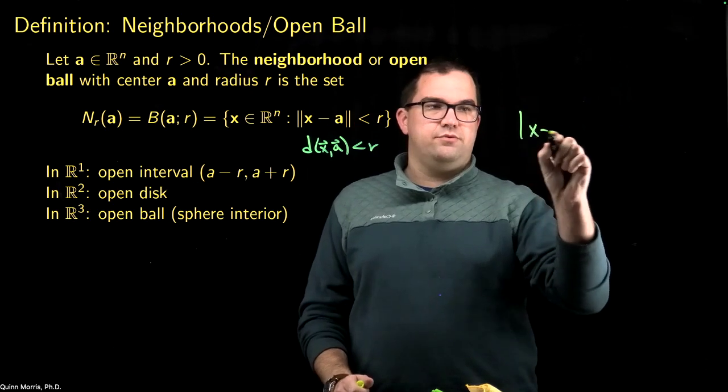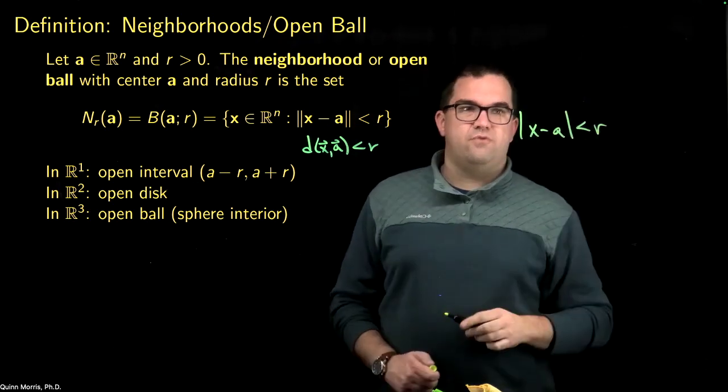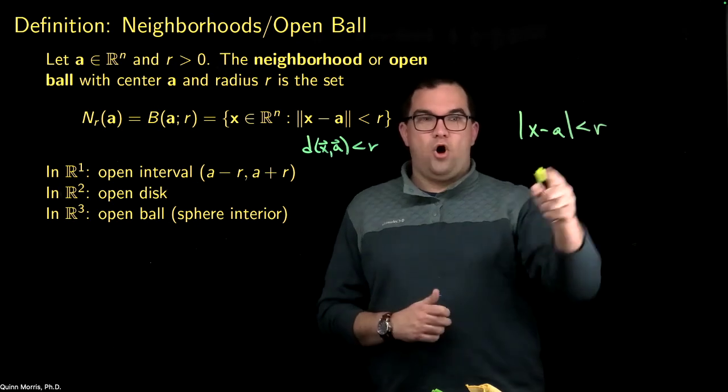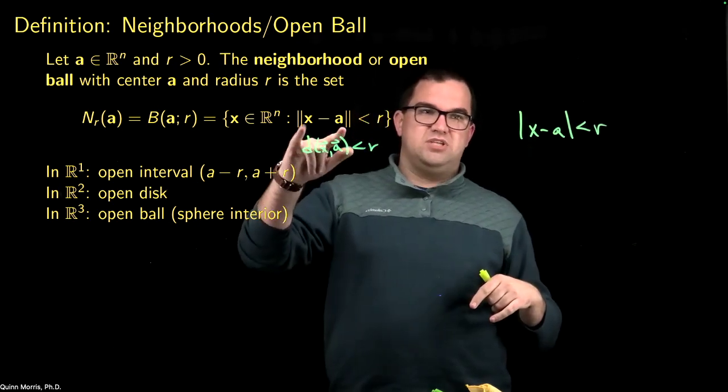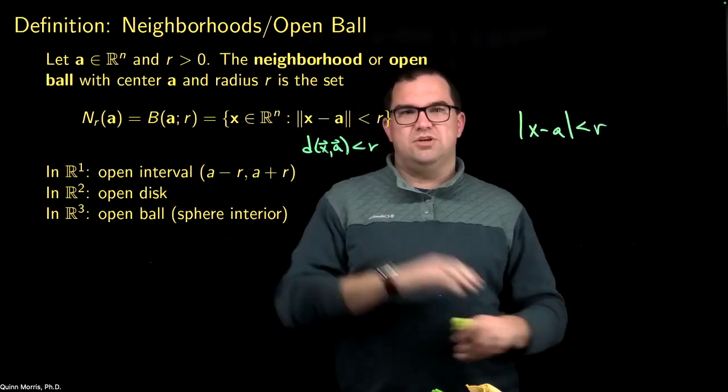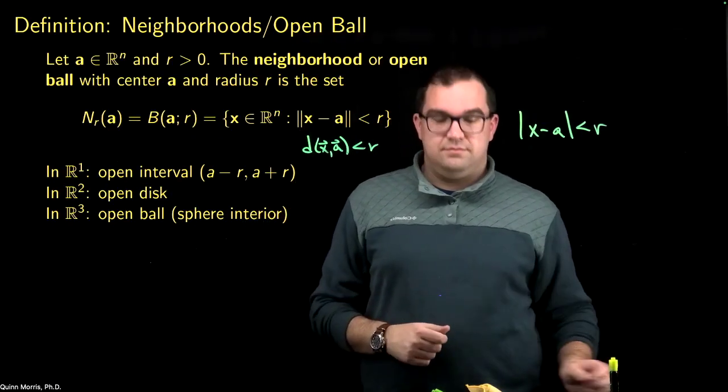We just wrote this for the distance, because in R, this is the distance. Here we just have a slightly different kind of distance, but it's still the Euclidean distance.